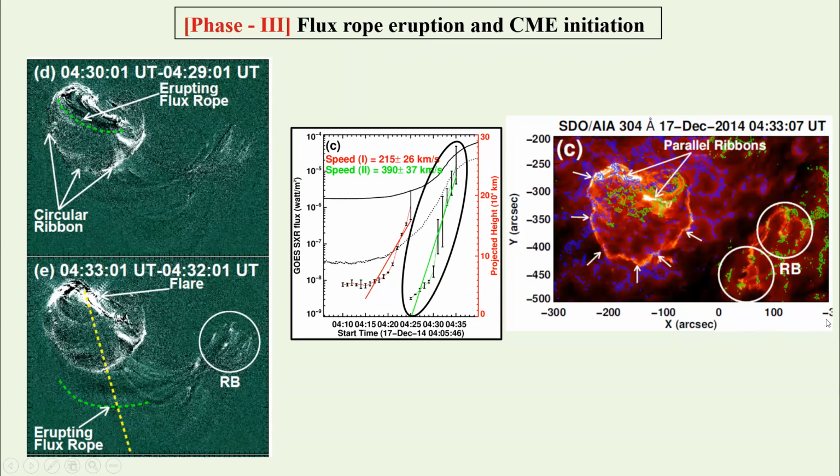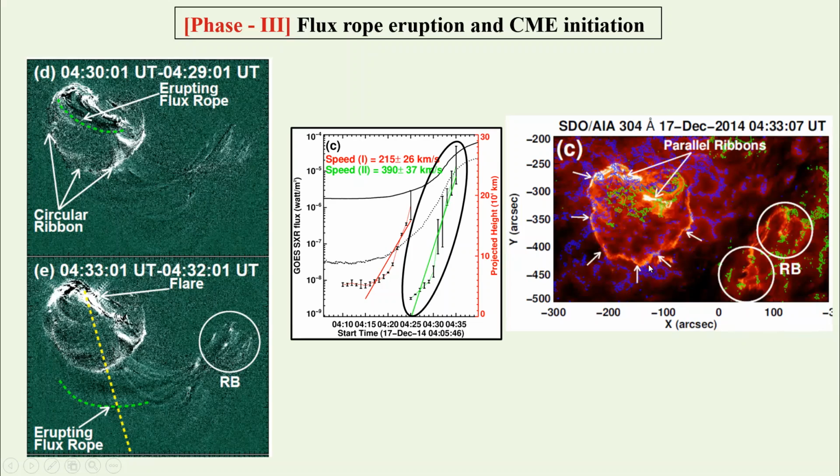In the right side panel, you can see the blue contours and the green contours. Blue are the negative polarity regions, and the green ones are the positive polarity regions. At the same time, when we have this third eruption, basically the second eruption, we notice the formation of the parallel ribbon. You can see the parallel ribbon here and here.